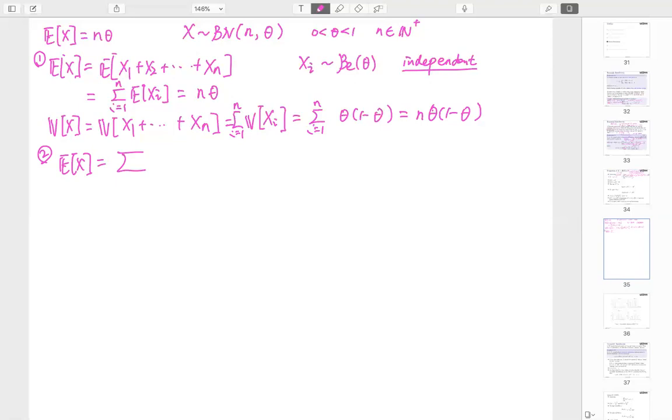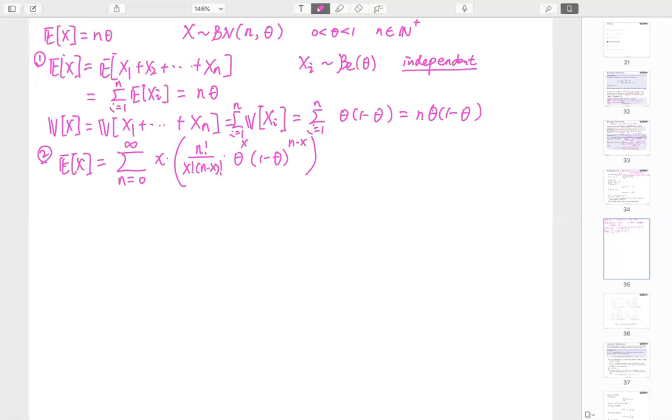Let's call it the stupid way. It's also the more direct method of showing it. So it's x times the probability, right? So now let's copy the probability. It's n factorial over x factorial times (n minus x) factorial, times theta to the power of x, times (1 minus theta) to the power of n minus x.